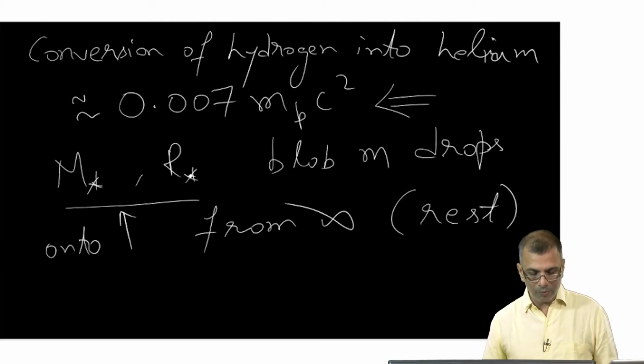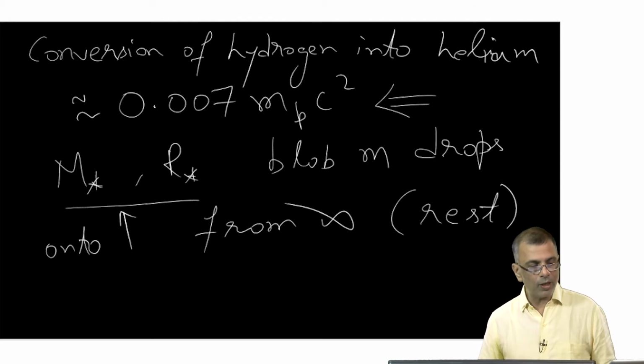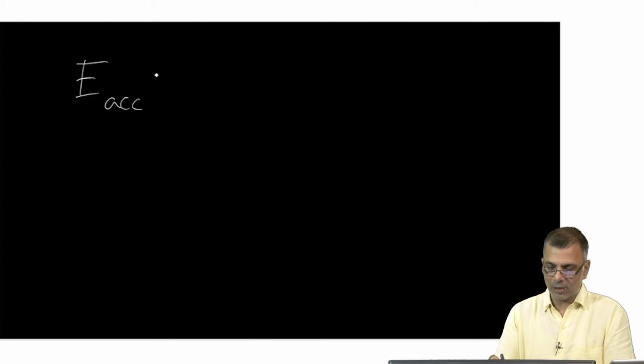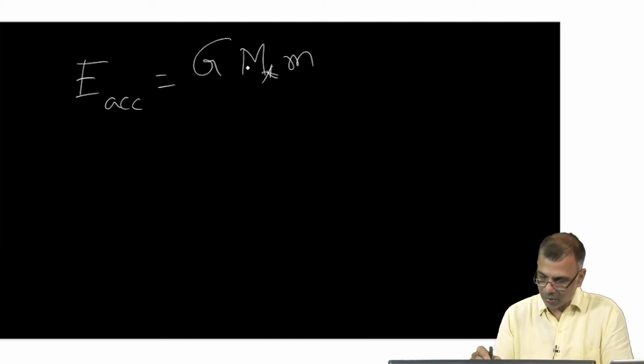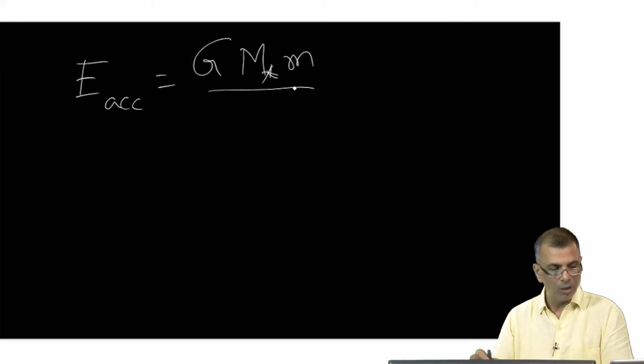Now, what kind of energy would we expect to be released? You are essentially converting the gravitational potential energy. Let us simply estimate it, and we write this as E accreted, which is simply equal to G m star m over r star, where m star is the mass of the central object and m is the mass of the blob which is accreting.